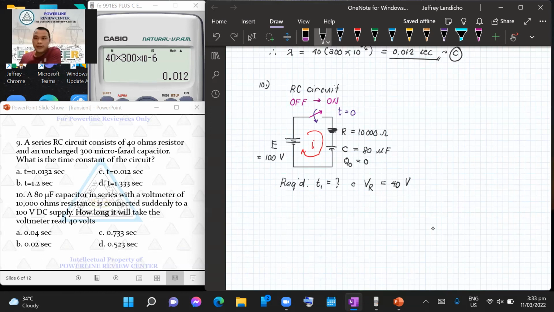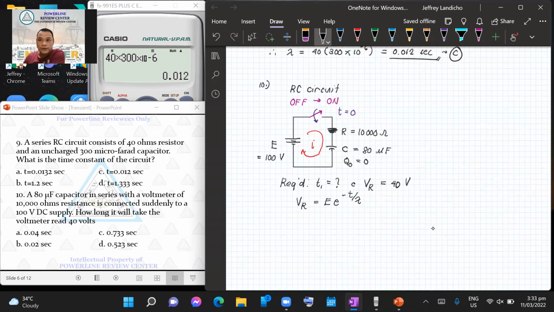Okay, so we have RC circuit. Nakuha na natin kanina yung ating formula. Balikan mo na lang that V sub R is equal to E raised to negative t over lambda.